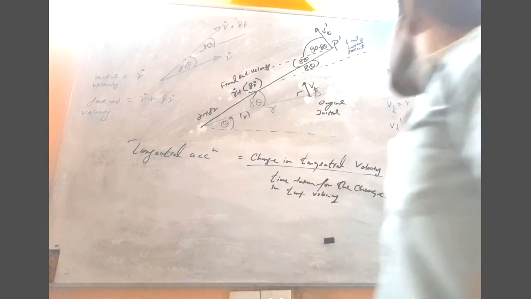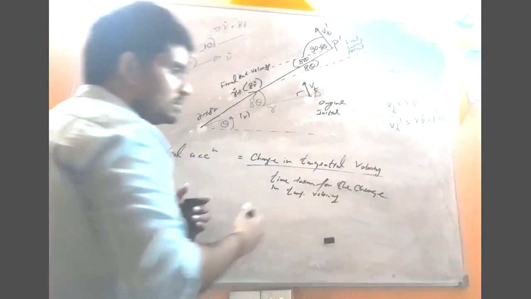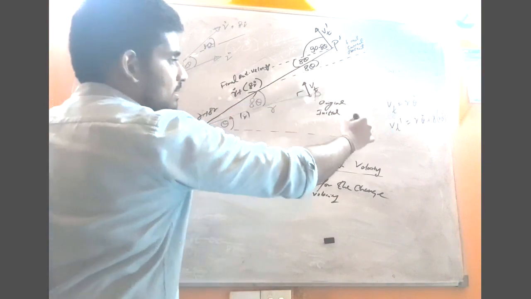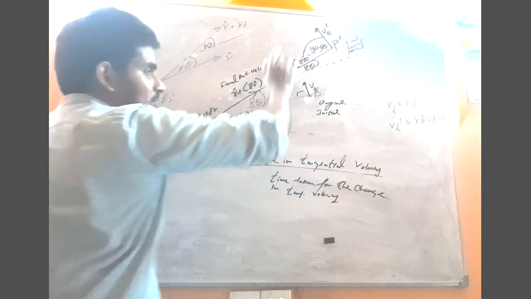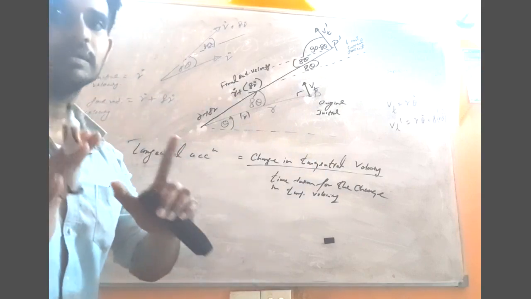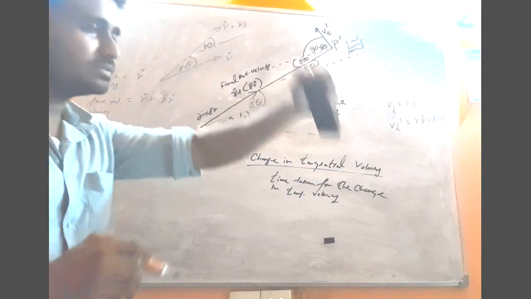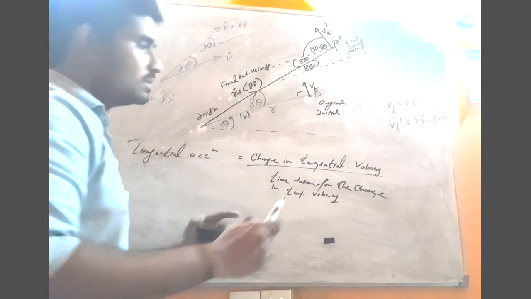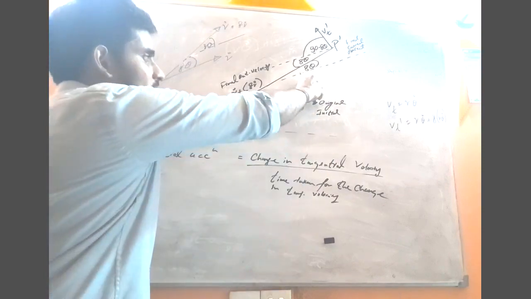So now here we have to consider the change in tangential velocity, right? But be very careful, this line Vt and this line Vt dash are actually not parallel, right? But when we are going to consider the change, we have to consider one particular direction. That means we will consider the reference direction as the direction of this Vt, right?